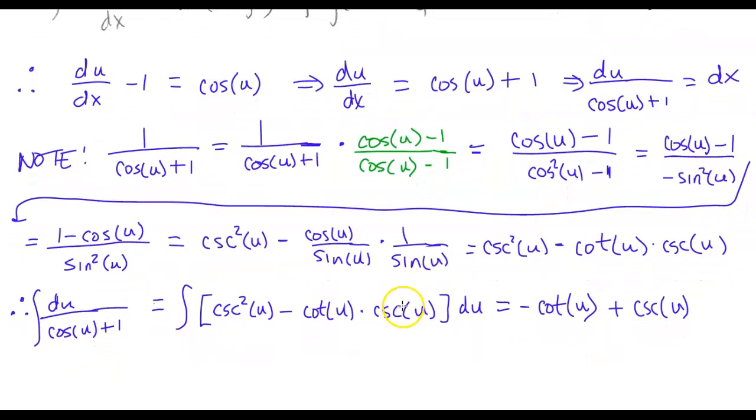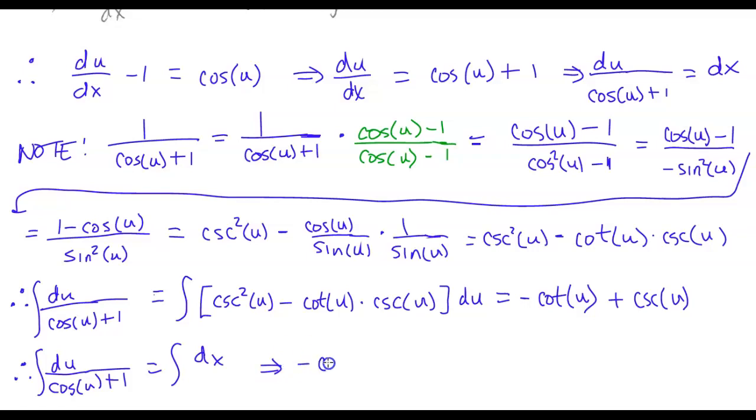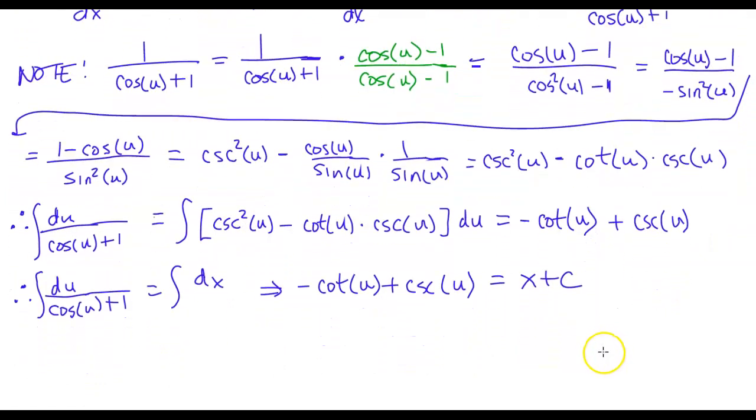So now that we have all that, this left-hand side of the separable part of our equation, we take the antiderivative of it along with the right-hand side, and this is just going to be a negative cotangent u plus cosecant u, and on the right-hand side it'll be x plus c. So at this point, the hard part is over.